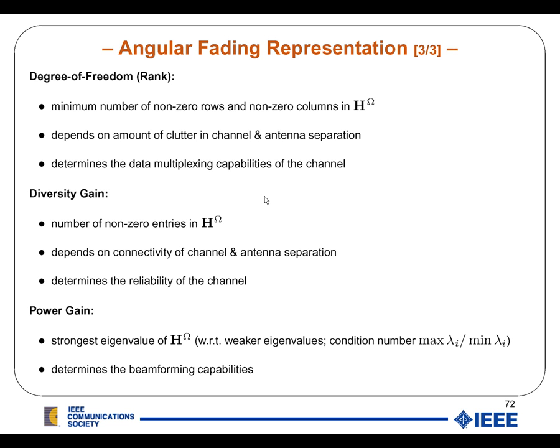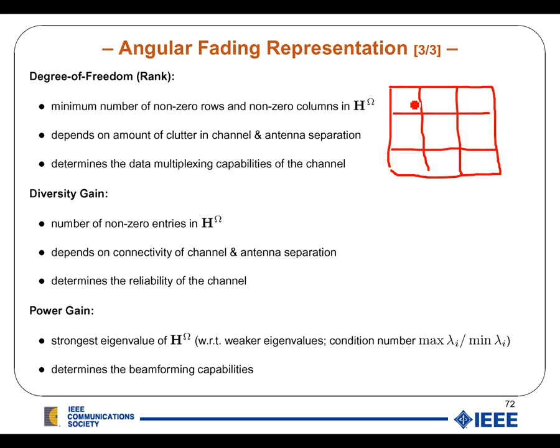Now, let me exemplify the degree of freedom and the diversity gain, and to this end, I choose an example of 3 transmit and 3 receive antennas, and we would have an angular matrix which has exactly 3 by 3 entries here. And let us assume that our first channel has non-zero entries here, here, and here. And as you can tell, the minimum number of non-zero rows and non-zero columns is 2.